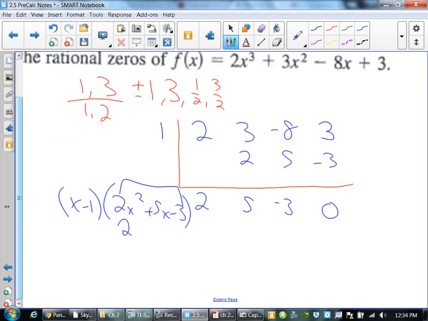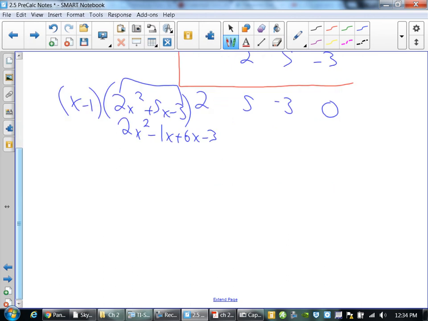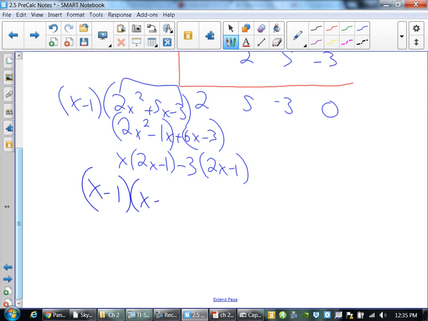So you get 2x squared minus 1x plus 6x minus 3. Move this up, and then just group it again. All I'm doing is just grouping them. So my factors are x minus 1, x plus 3, and 2x minus 1.